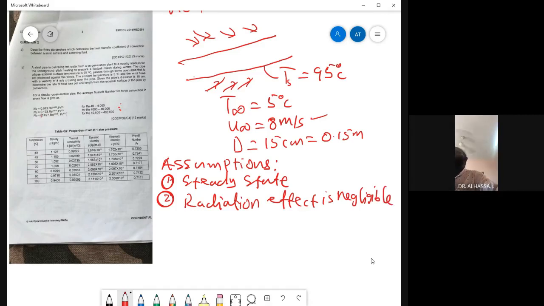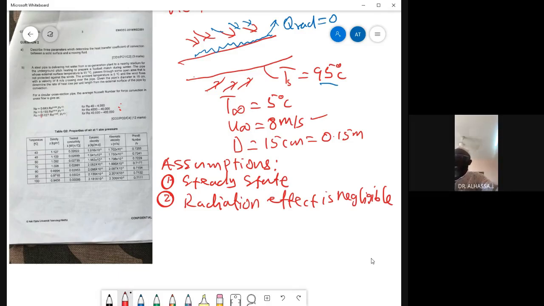What we mean is that across the surface of the pipe, because the temperature of the pipe is very high, 90 degrees Celsius, there is a potential for the pipe to emit a certain amount of radiation. But we assume that this radiation equals 0. So there is no radiation. You understand me? So we only have convection heat transfer because of what? Because of the fluid flow.